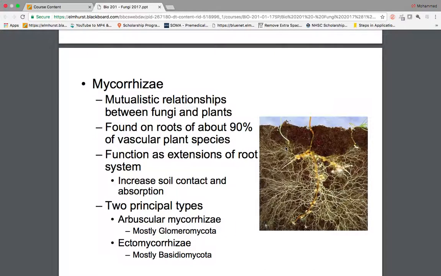That's all fungus. And so essentially it's just upping the amount of surface area available to the plant for absorbing nutrients. We've talked about arbuscular and ectomycorrhizal, mostly Glomeromycota, mostly Basidiomycota.